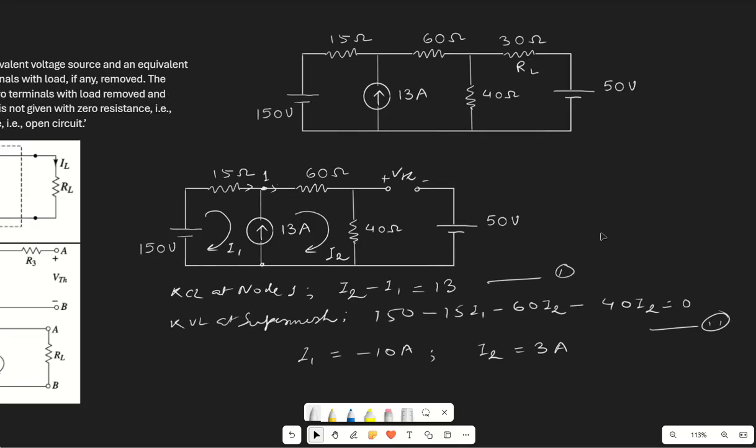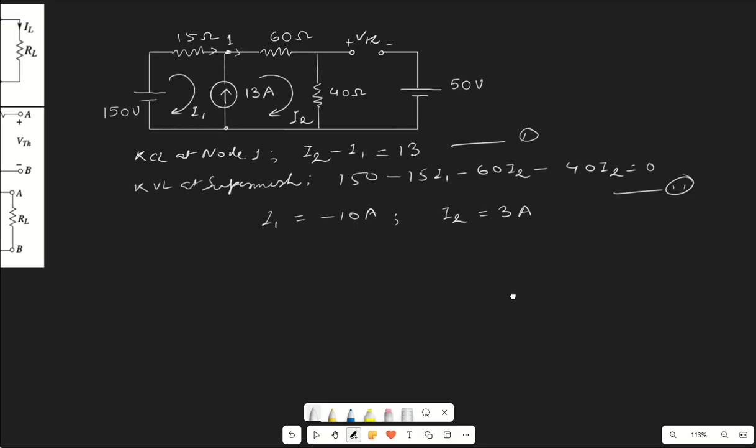Okay, so now how to determine VTH? For determining VTH, we can write down an equation in the outer loop which will contain VTH in the loop itself, and then we can determine the value. Or the other way around, we can also write down an equation in this loop which will contain VTH as a part of the loop. So let us consider the third loop.